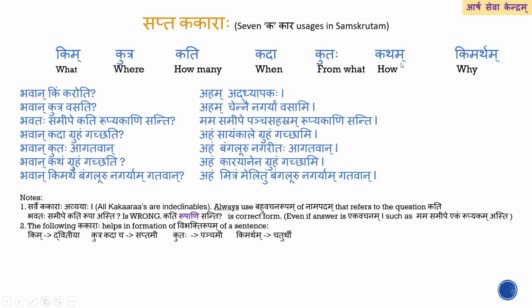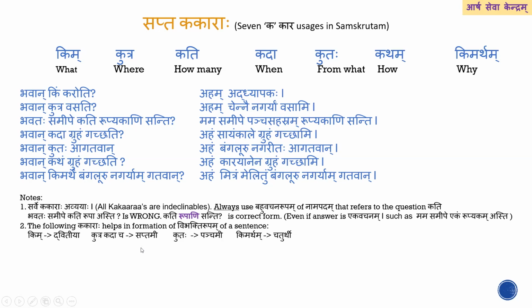So don't take it that all these things are strictly connected to Vibhakti, that is not the intention. They are completely independent, but the purpose here is, more commonly, if this question is asked, you will get the Saptami Vibhakti. That is the only thing.